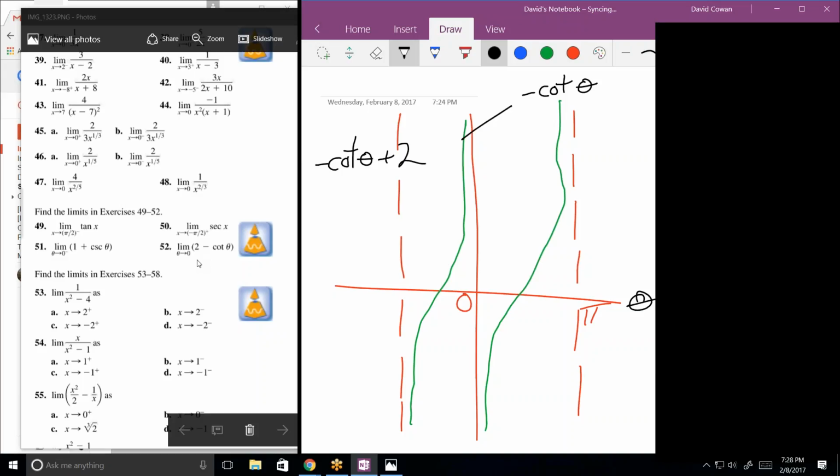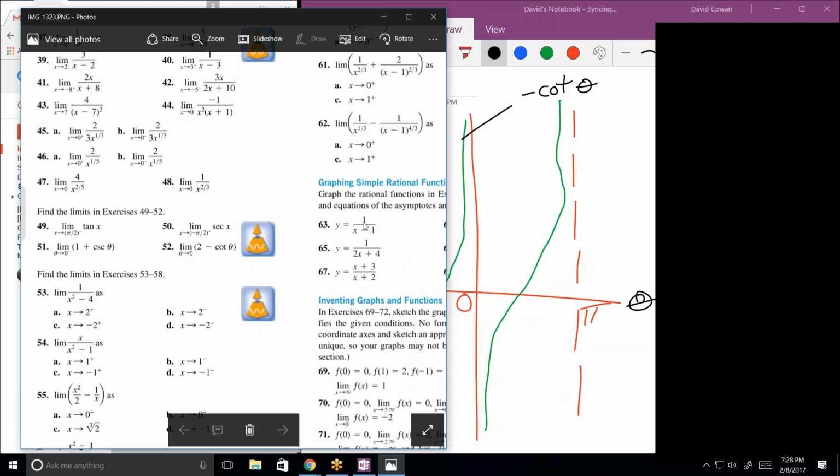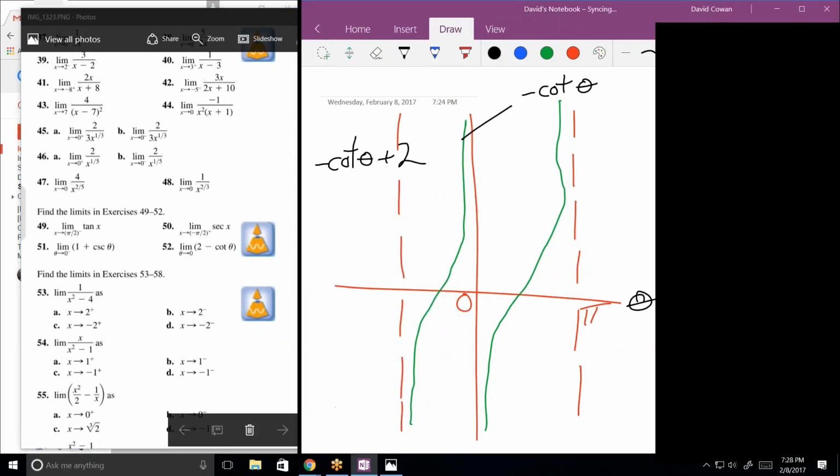I really don't like undefined, to be honest with you. Does not exist makes a lot of difference to me because that's what you get if it's not the same from the left as it is from the right. And infinity makes a lot of sense to me. But what does undefined mean? I'm not sure. So I don't like using that ever as an answer, but I understand that your teachers might.